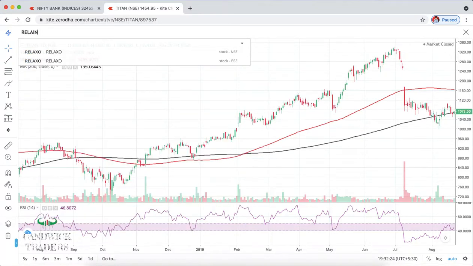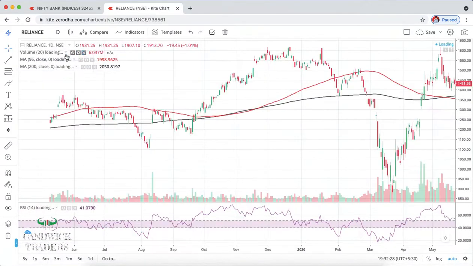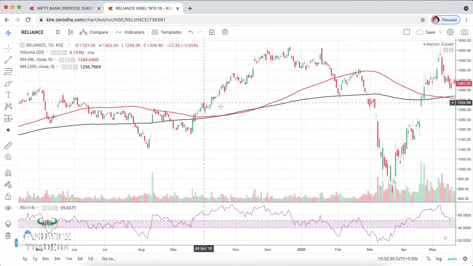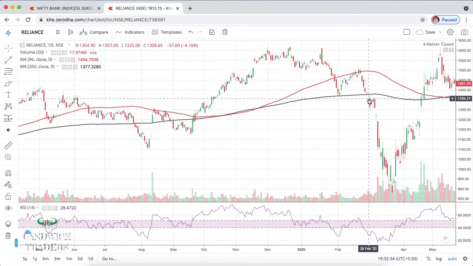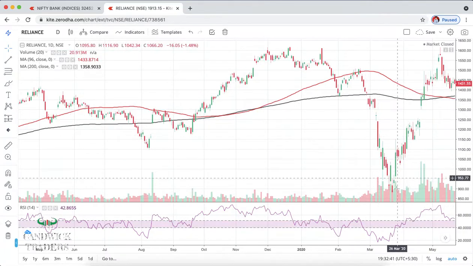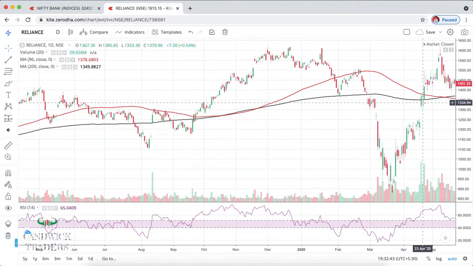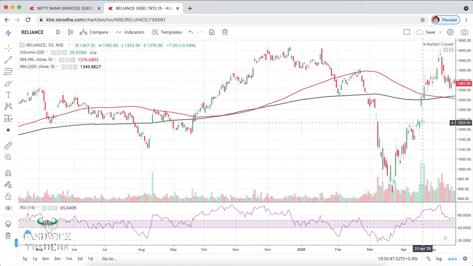Reliance. This would be the entry, and this is the stop loss. Same here. We can exit at these levels, or we cannot wait, right, for losing the profits.